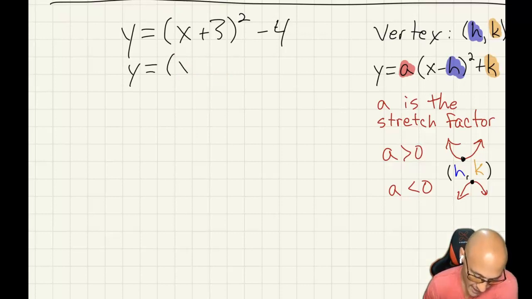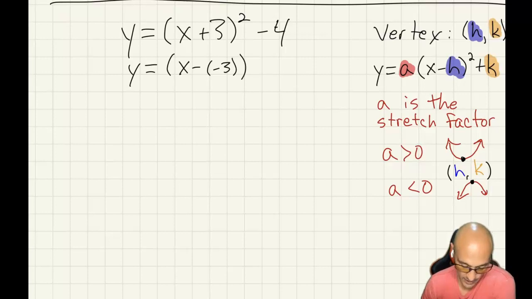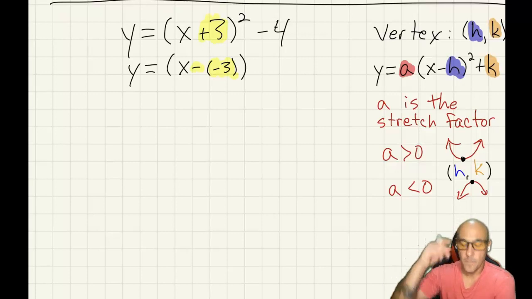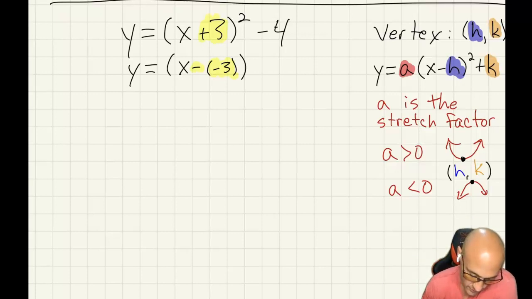Well, it would be x minus a negative 3, because we can always change addition to subtracting a negative. Does that make sense? Okay. And then that's still going to be squared. And then we have minus 4.